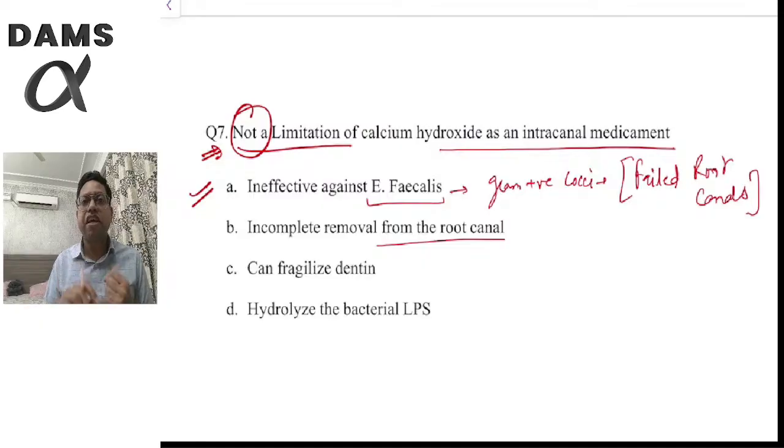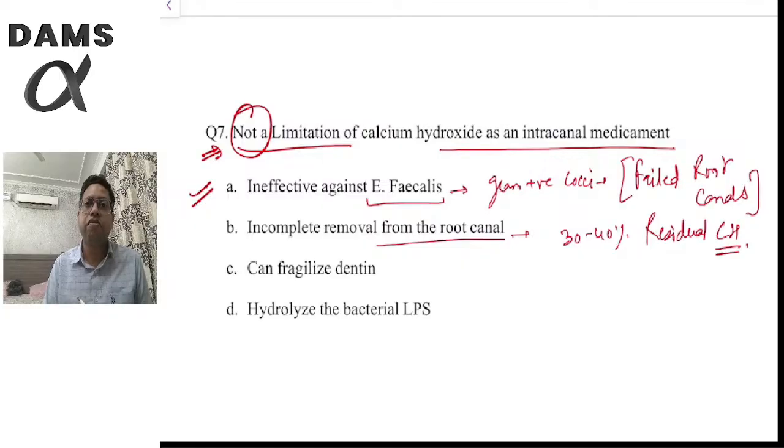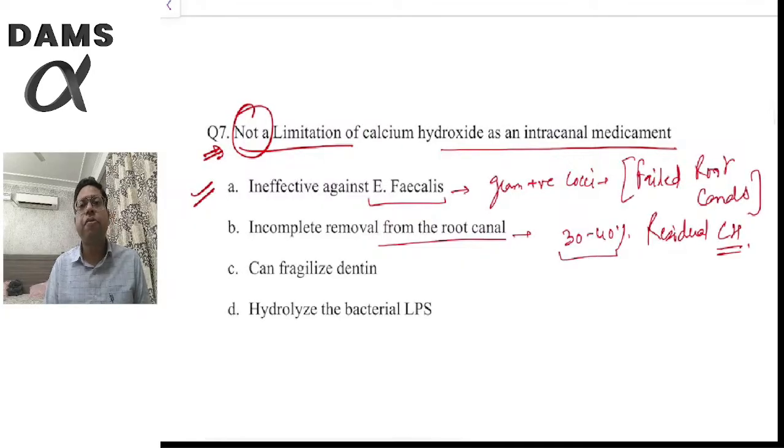If we are flushing with saline, flushing the root canal with sodium hypochlorite, doing ultrasonic agitation, or using mechanical instrumentation, no matter what method we employ, complete removal of the calcium hydroxide from the root canal is not possible, and 30 to 40% is residual calcium hydroxide in the majority of the systems. So a significant amount of calcium hydroxide remains inside the root canals.